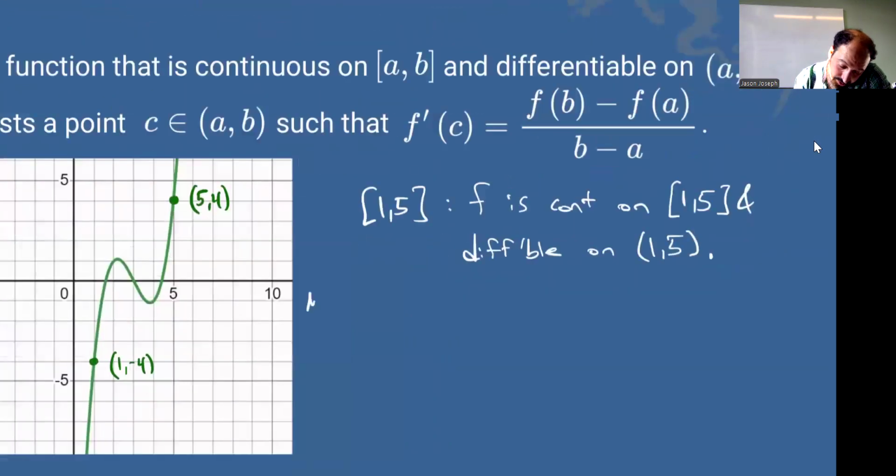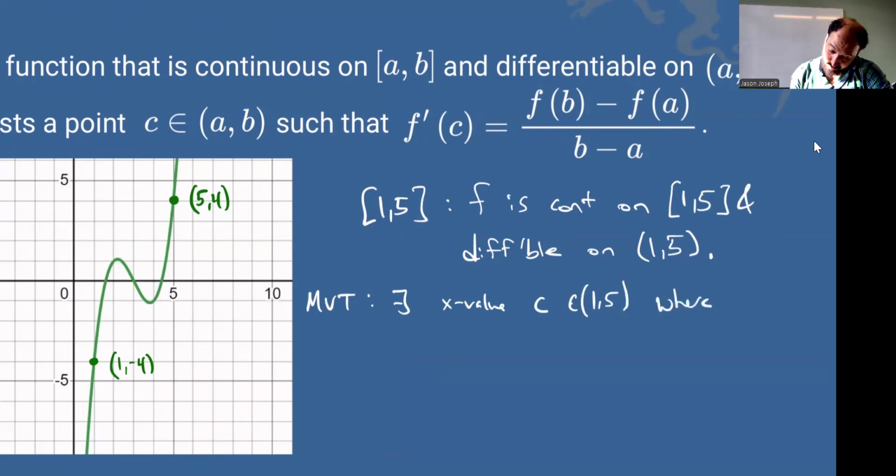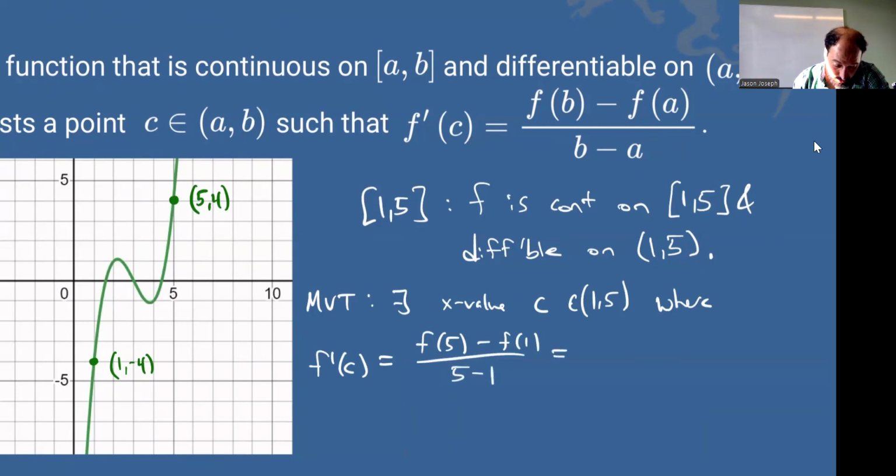So the MVT tells me there exists an x value c in 1, 5, so it's in between 1 and 5, where f prime of c is equal to f of 5 minus f of 1 over 5 minus 1. So that's 4 minus negative 4 is 8 over 4, so equal to 2.